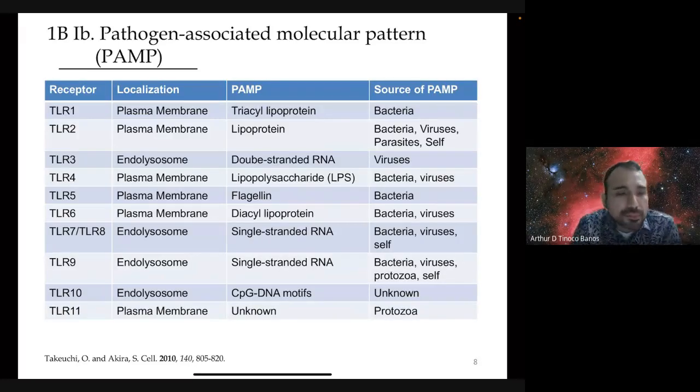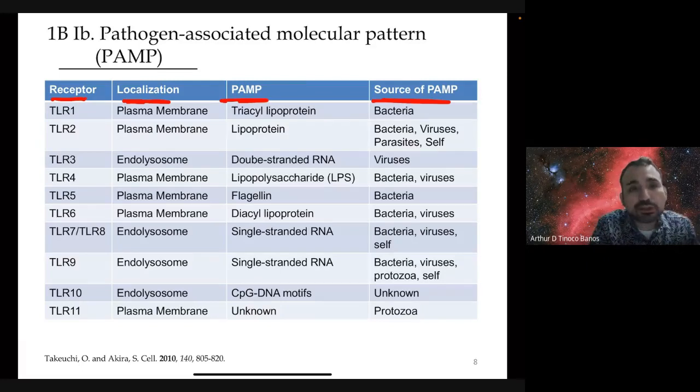And so here I provide a table of certain PAMPs that are recognized by specific receptors. I'm just going to highlight a few of these. Here you get the receptor, the localization, the PAMP, and then what is believed to be the source of that particular PAMP.